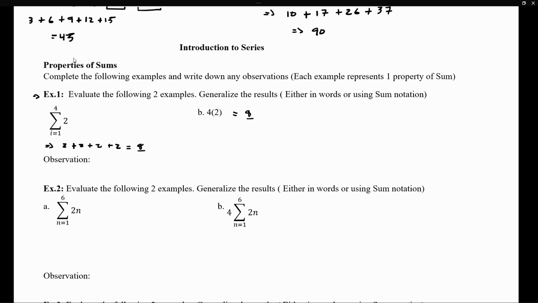The observation here is that if we have a sum of just the constant, that's the same as just multiplying that constant by how many times we add it up.